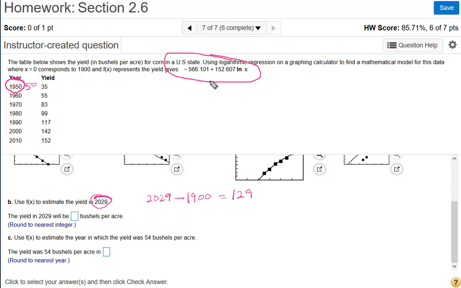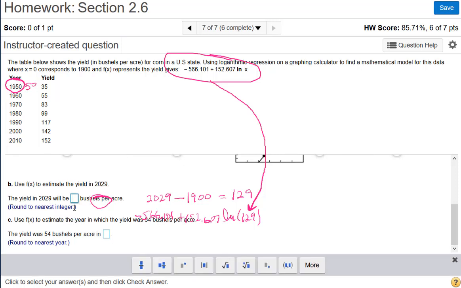So we need to take our function and substitute a 129 for x. That would be a negative 566.101 plus 152.607 ln 129. Now again, I'll go type that into my calculator without making you watch all of that. Now to the nearest whole number, that's what integer means, that would come out to be 176.